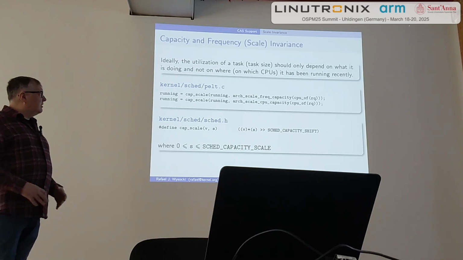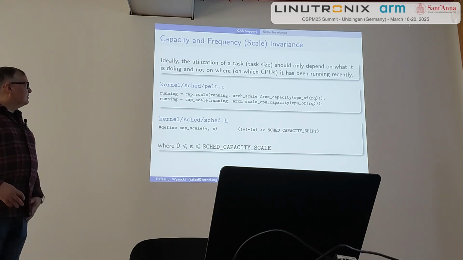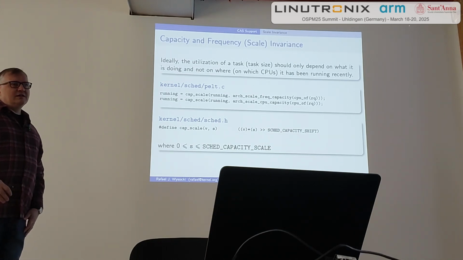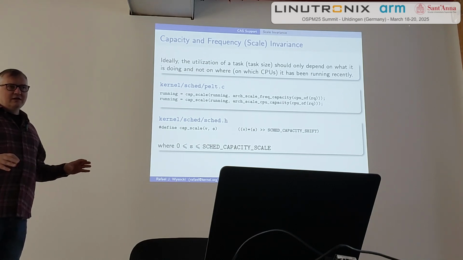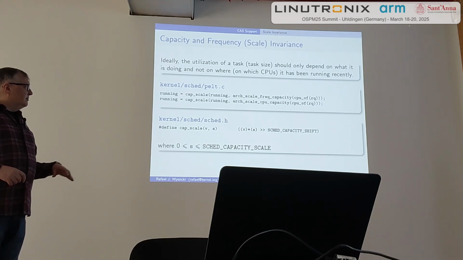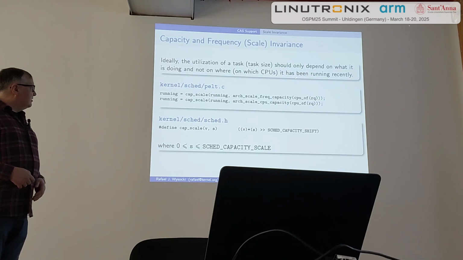Performance scaling, scaling invariance rather, is about measuring the utilization of tasks in the same units, regardless of where they run. There are 2 lines in the scheduler that are the implementation of the scaling.